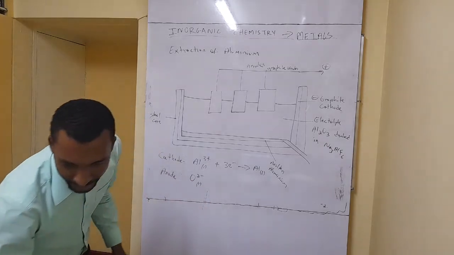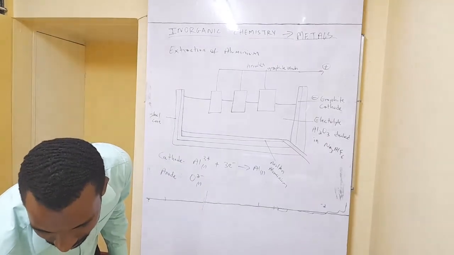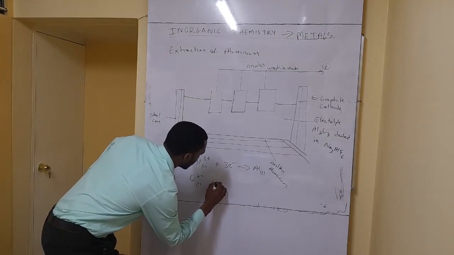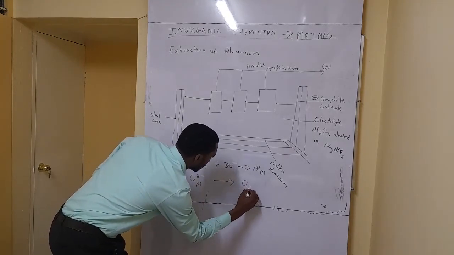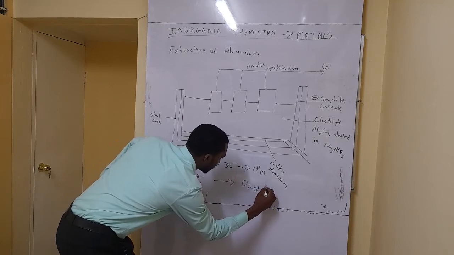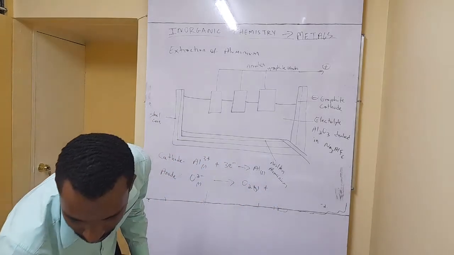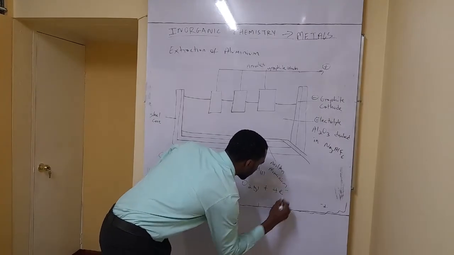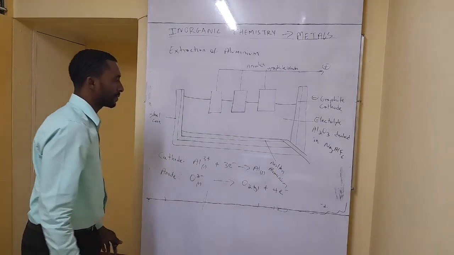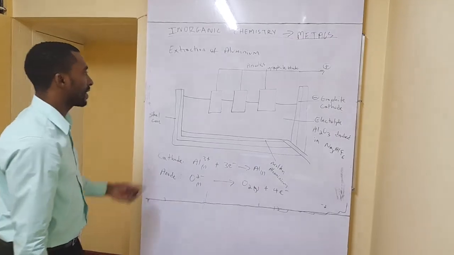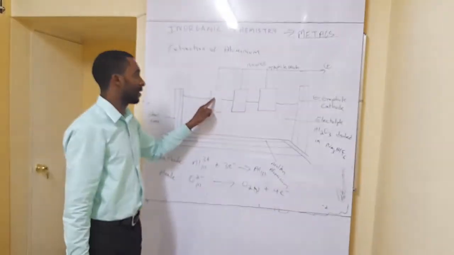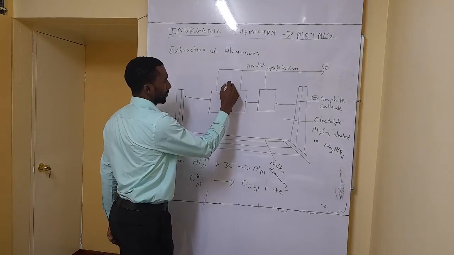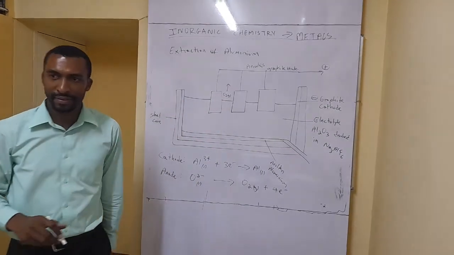oxide, liquid again, right? Produce oxygen gas, plus 4 electrons, right? So it simply means that at the anode, oxygen gas would be produced, given off.